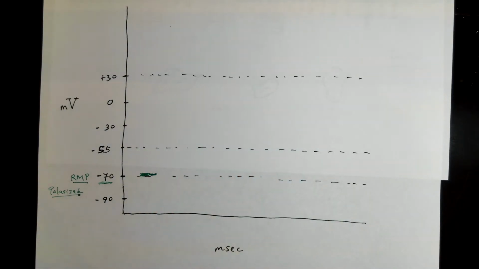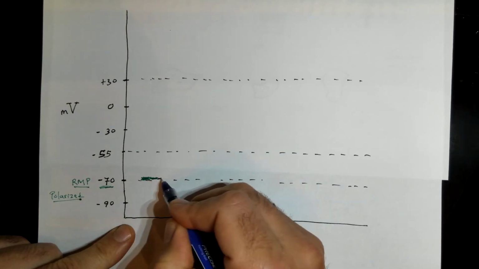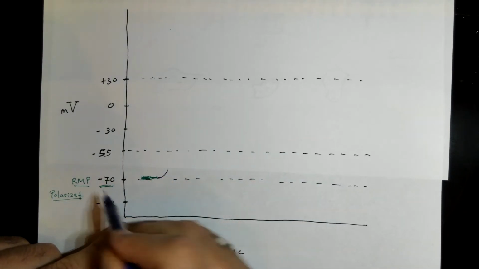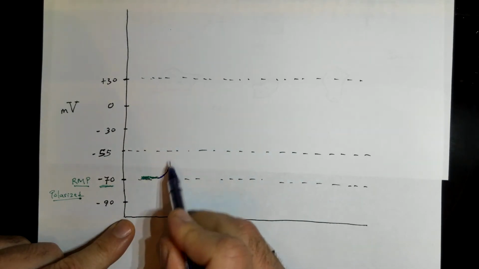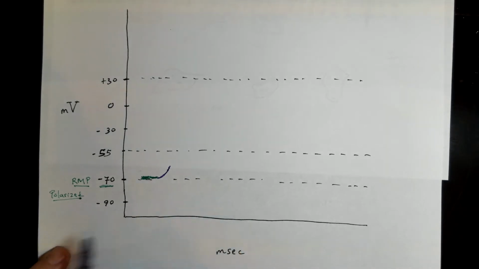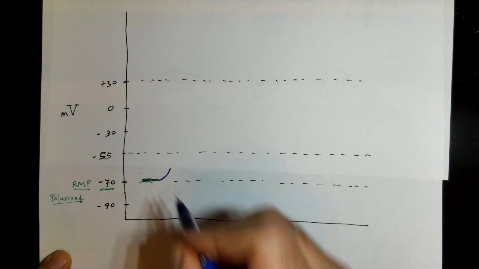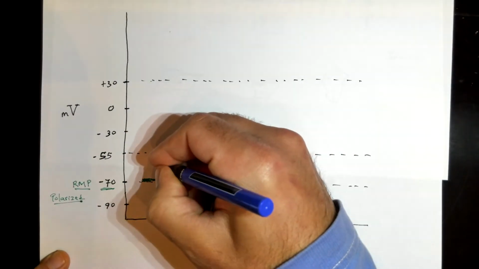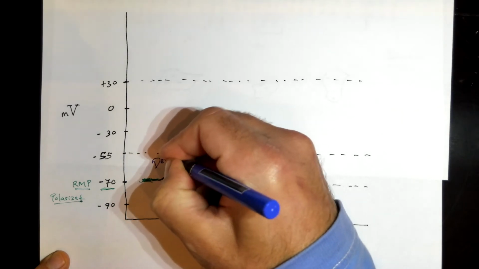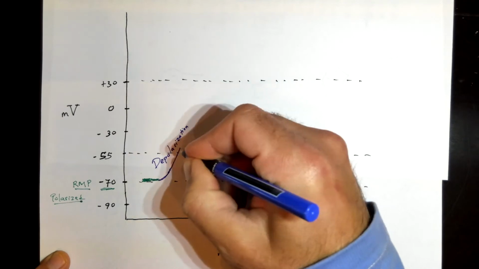So if, and we're going to see this, if we see that the charge on the inside of the cell starts to move towards zero, moving up towards zero, then you are taking away that polarization. And so we call this, moving up, depolarization. Depolarization as you move towards zero.